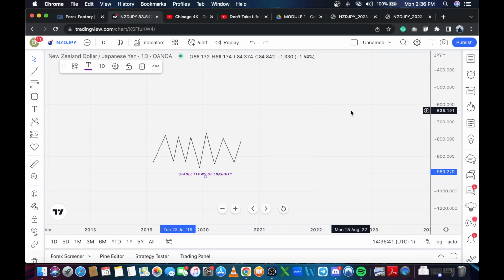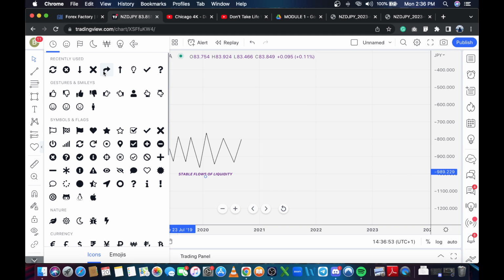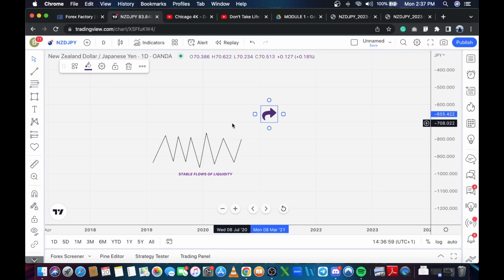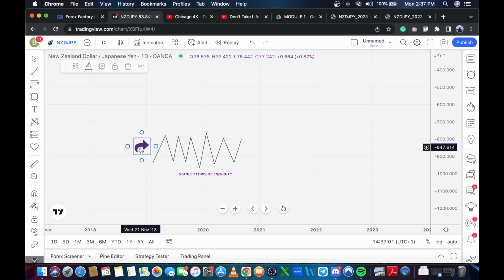Now the way institutional order flow works is there is going to be a massive transaction that comes in inside this range, that stable flow of liquidity. It could be a transaction from, let's say, IBM, or a transaction between the Bank of England wanting to do business with, let's say, ExxonMobil, a large corporation.